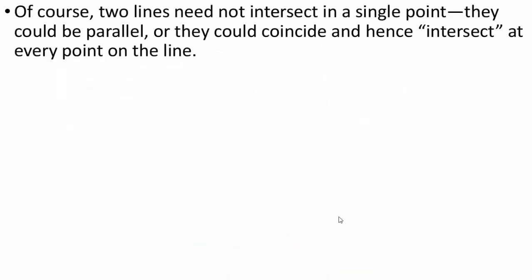Of course, two lines need not intersect in a single point. We know it very well because some of the lines are parallel, some of the lines are coinciding. That's why they may not intersect at a single point. If lines are parallel, they will not intersect anywhere, and if lines are coinciding, then they intersect at every point on the line.